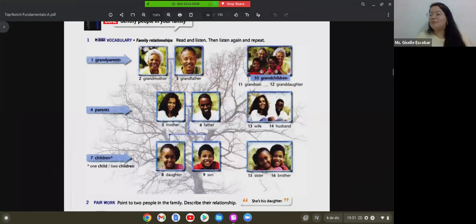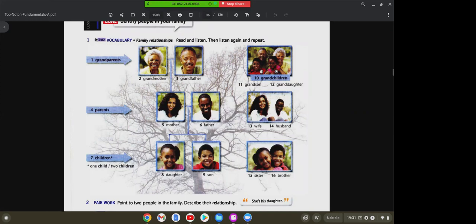So let's see. Cristobal, can you tell me the relationship between number 3 and number 8? Can you tell me their relationship? Granddaughter.